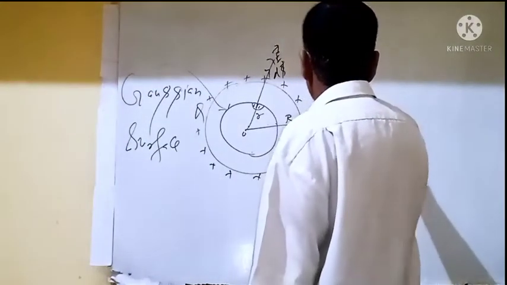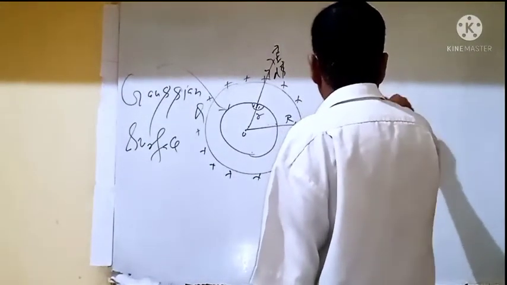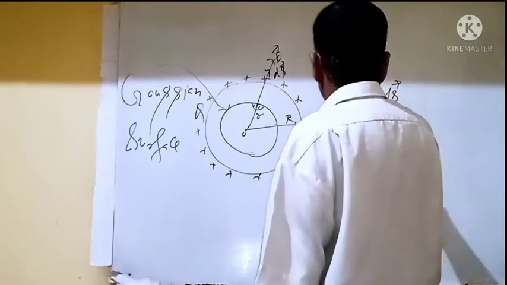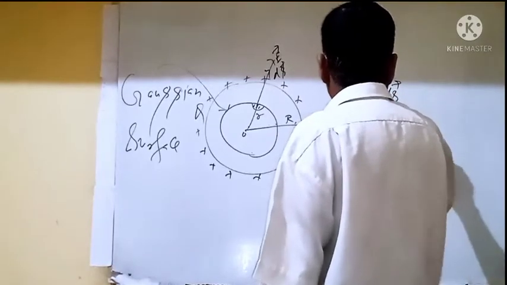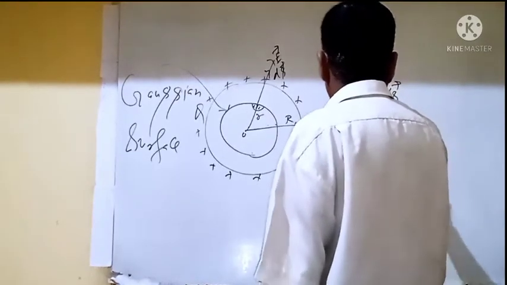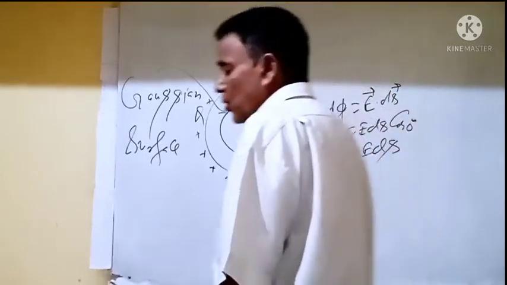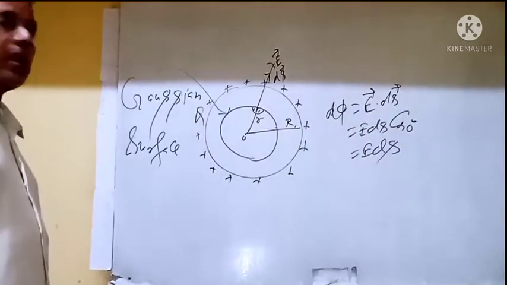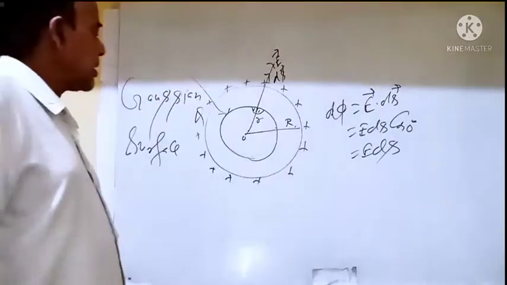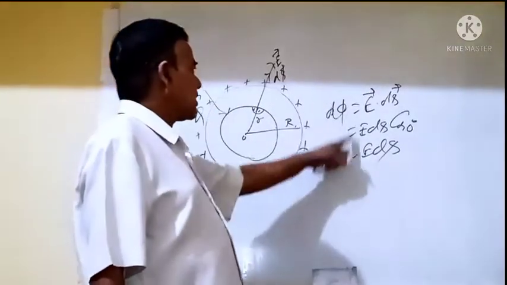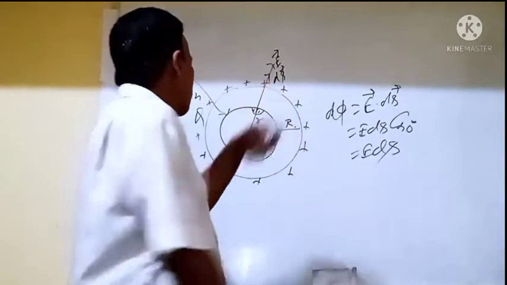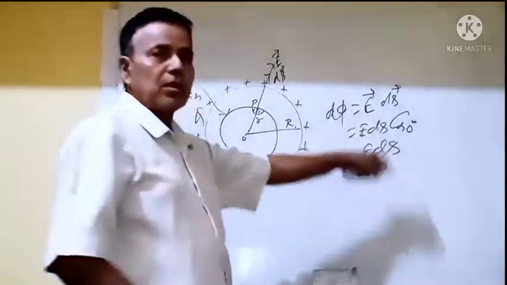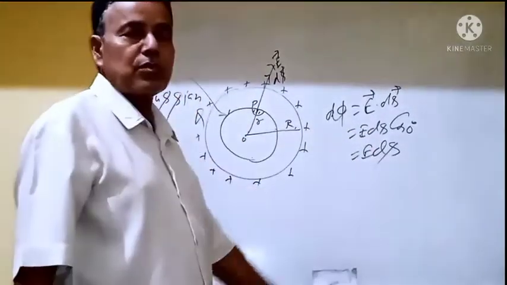So d phi is equal to E dot ds, that is E ds cos 0 degree, that is E ds, since both are in the same direction and theta is equal to 0 degree.